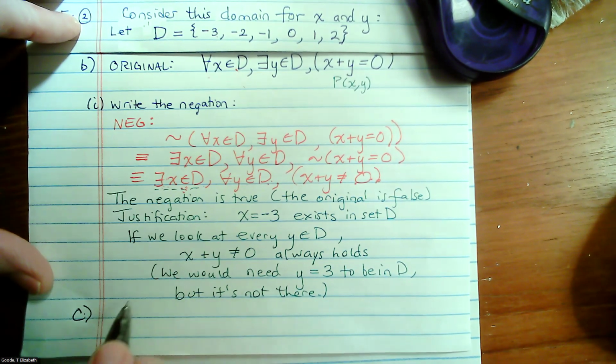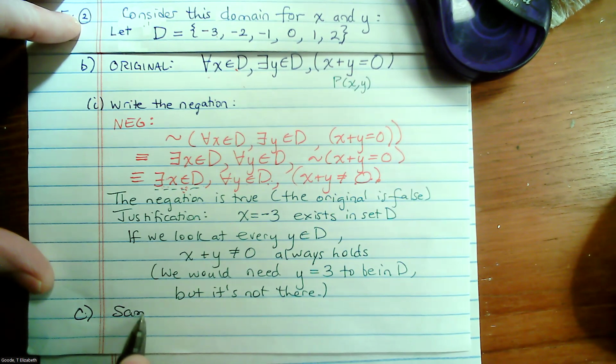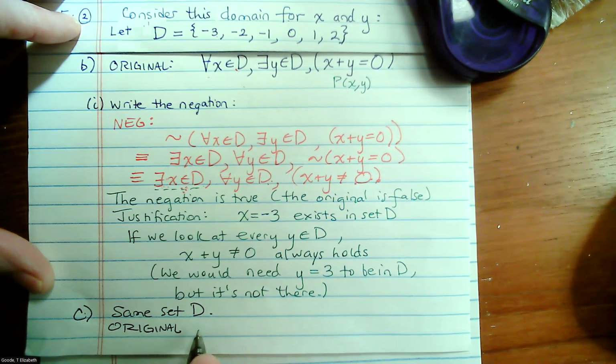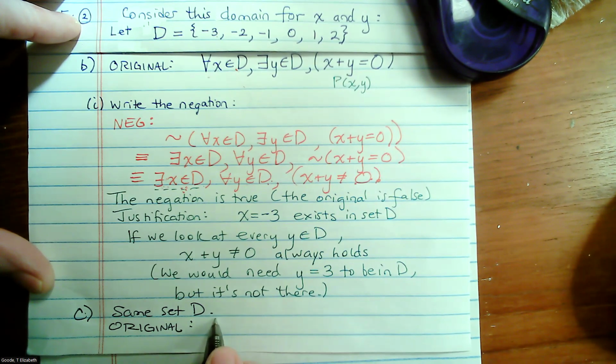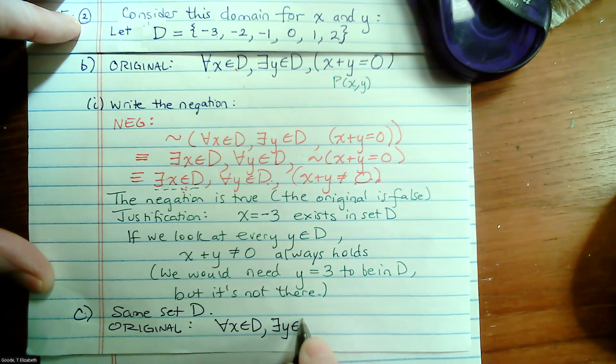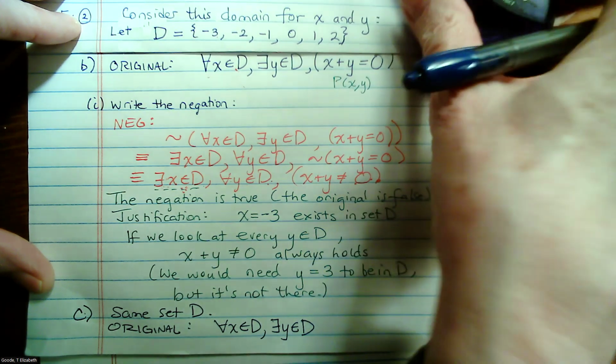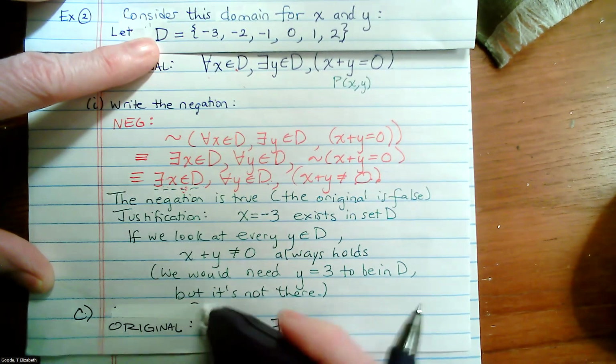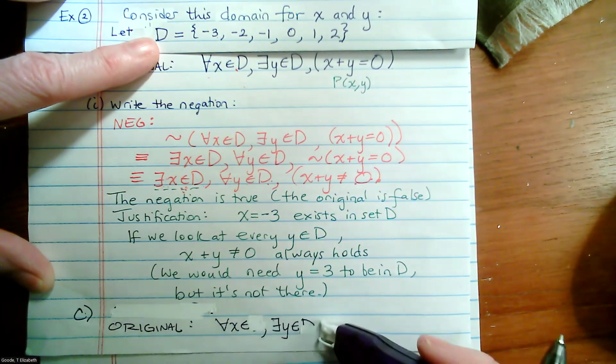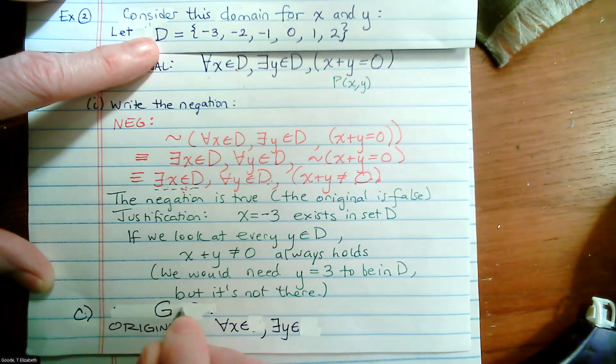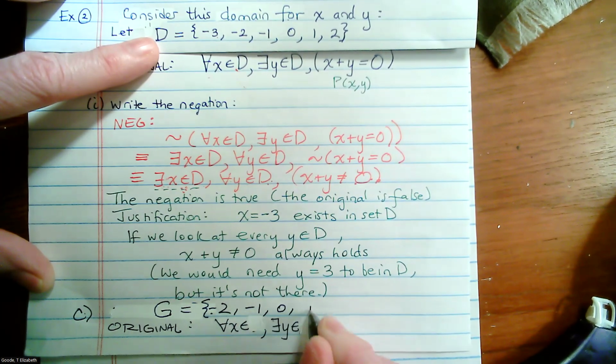But now, let's do another, same set D. Here's the original. For all x in D, there exists a y in D. No, no, no, no. I don't want the same set D. I want a different set D. In fact, I'll call it G. G equals -2, -1, 0, 1, 2.